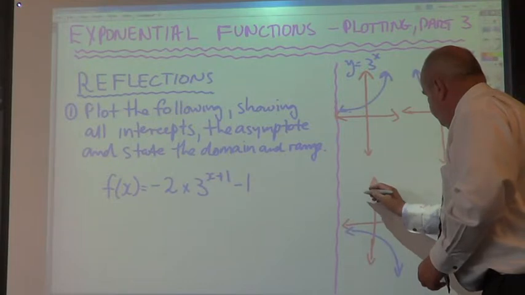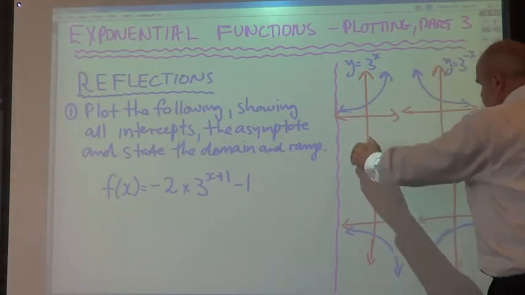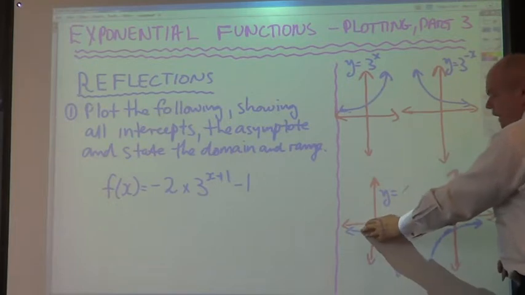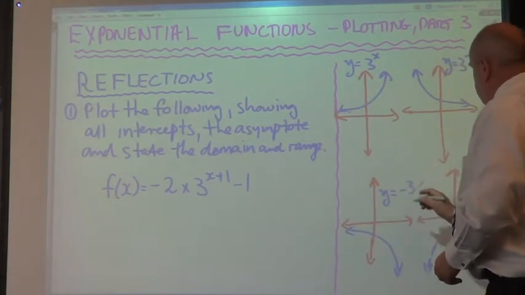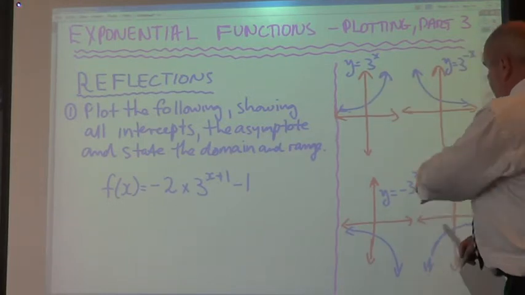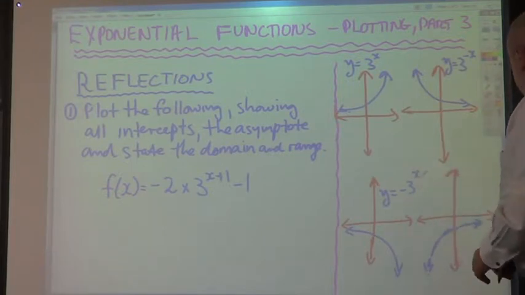Now you can apply a similar sort of logic to these ones down here. Whereas our equation is always positive, in this one it's always negative. So the way to achieve that is to put a negative sign in front of the base. You can experiment with that at your own leisure.